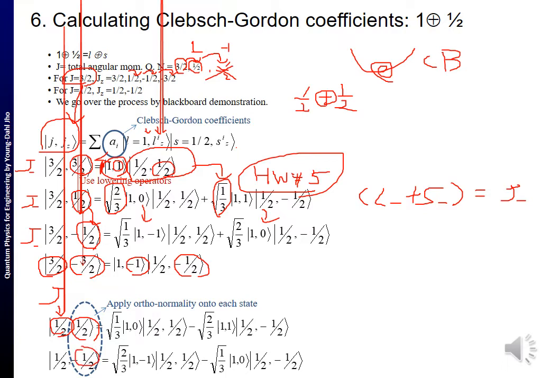If we consider the combination for 1/2, then Lz is 0 and Sz is plus 1/2, or Lz is 1 and Sz is minus 1/2. For minus 1/2, it should be minus 1 plus 1/2, or 0 plus minus 1/2.